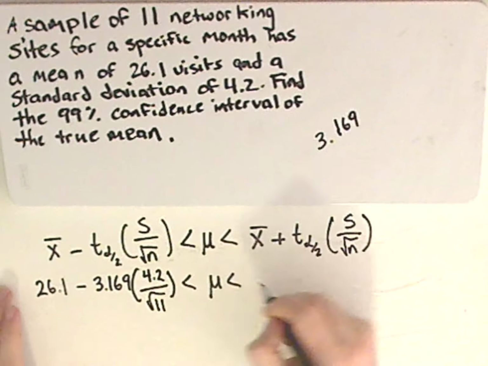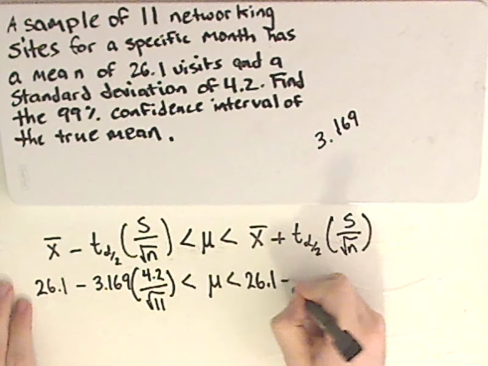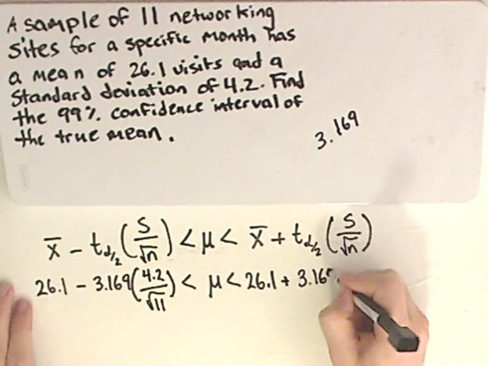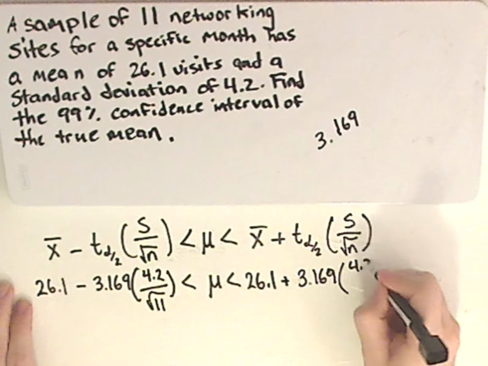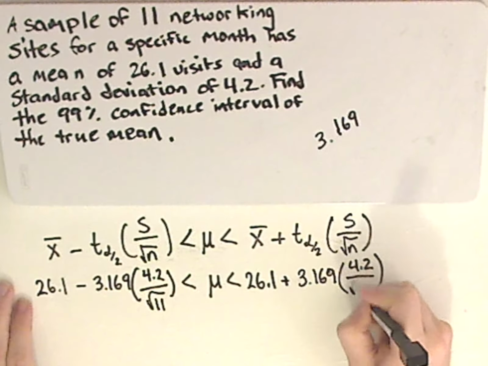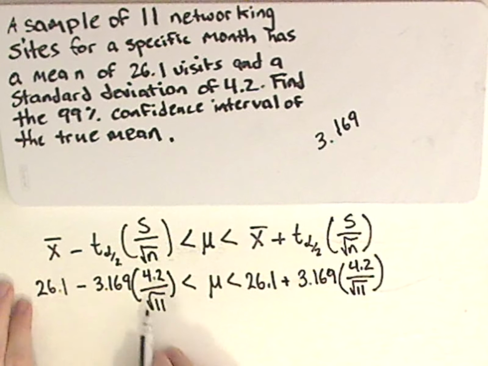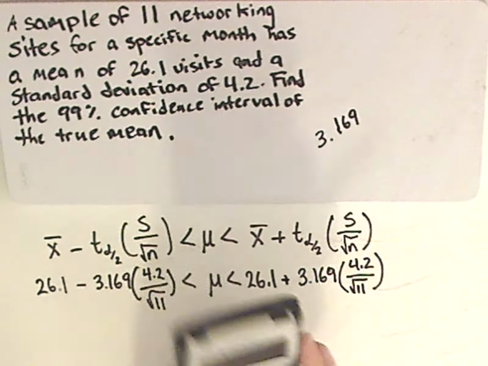That's why we're doing a confidence interval. Then 26.1 plus 3.169 times the standard deviation, 4.2 over the square root of 11. Now, what I would do next is just type this into your calculator.